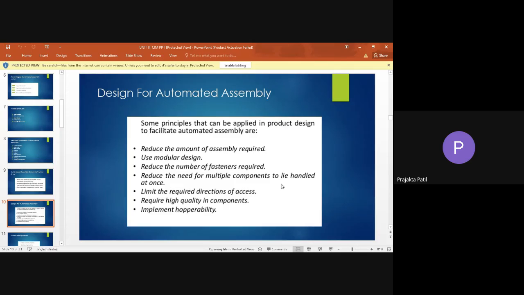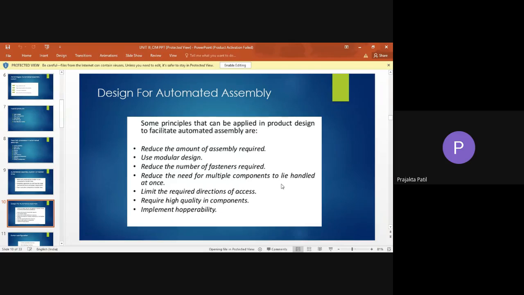You can plan the direction of access in one direction itself. For example, you can have the base part, and all the components that need to be assembled can start getting assembled in a vertical direction. You start allowing the components to flow down in the vertical direction itself. So you can fix that one direction of access.